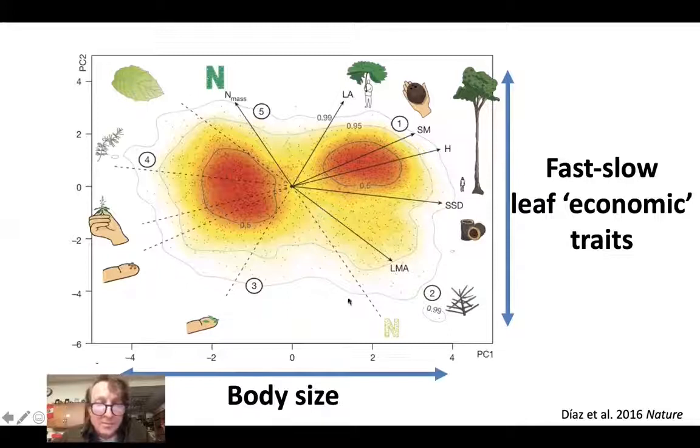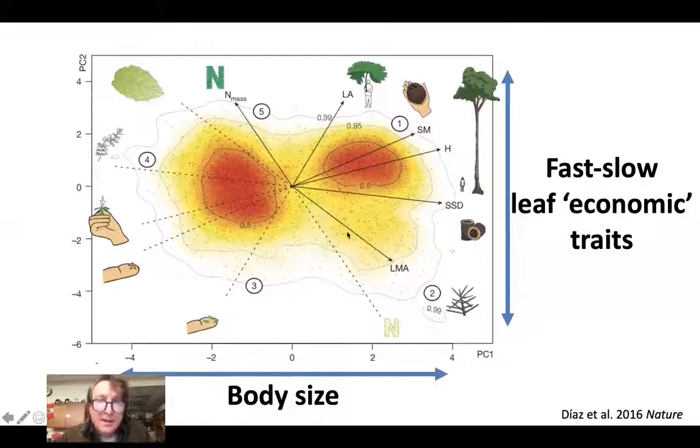The first major differentiation between species is just body size, that is, whether you tend to be a very small plant or a very big plant. So size is our first important trait to measure, because the primary difference in the fast-slow continuum is reflected in differences in body size.